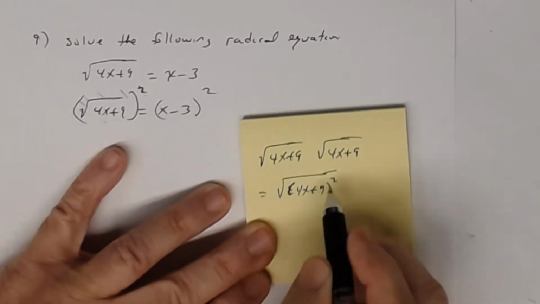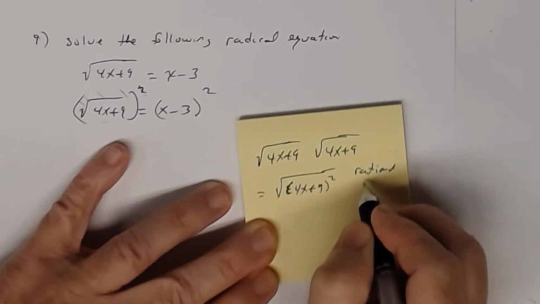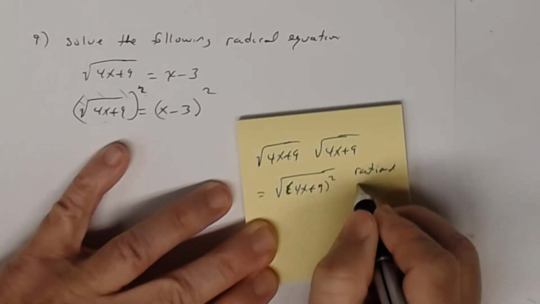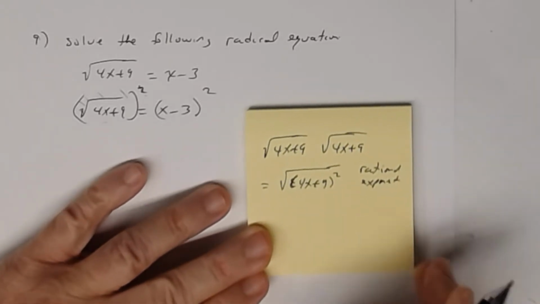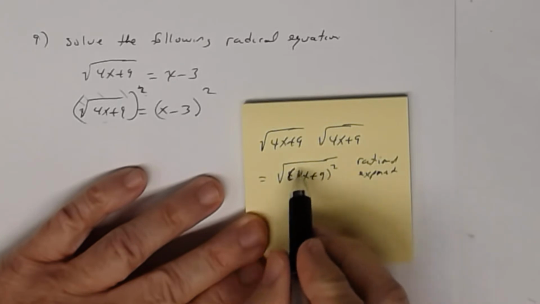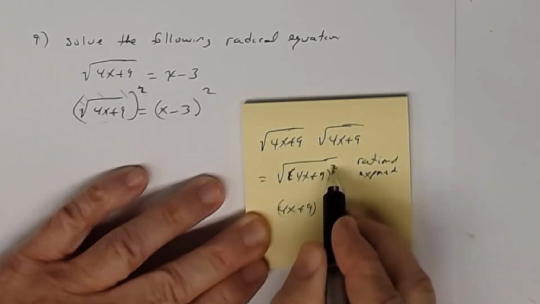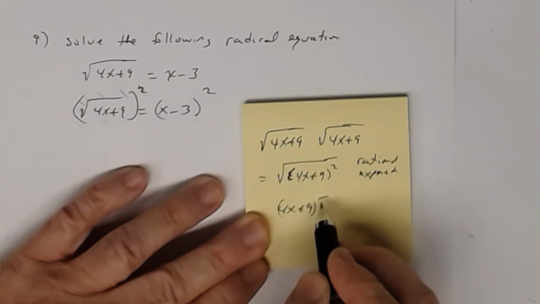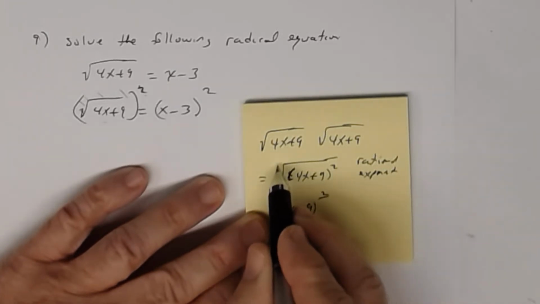So writing this as a rational exponent, which is something you learned in the past, and you may have forgotten it, but always go back and review this, that means I can write this as 4x plus 9, and then the exponent, so you're going to write a fraction. The exponent will be this exponent here divided by the index.